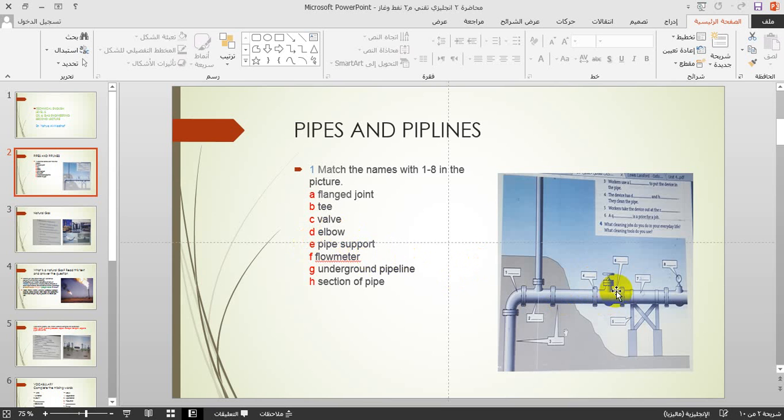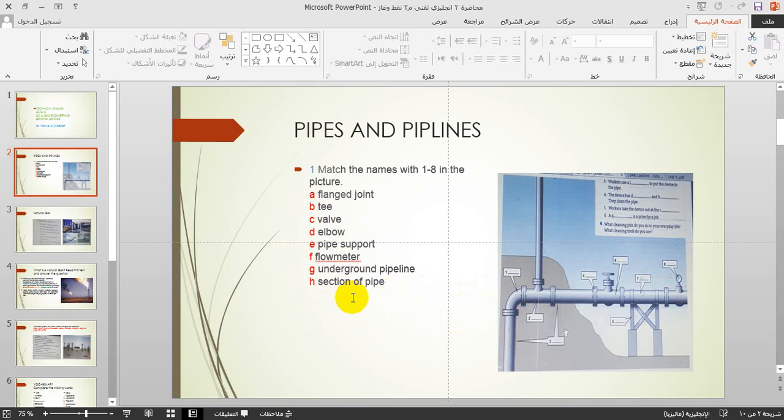Number 5 is E, which is pipe support. Number 6 is C, valve. Number 7 is H, which is section of pipe. And number 8 is F, which is flow meter. So this is the answer.